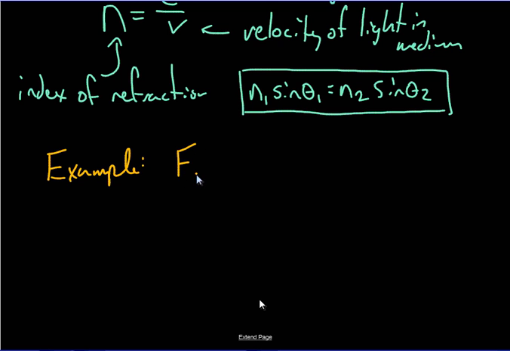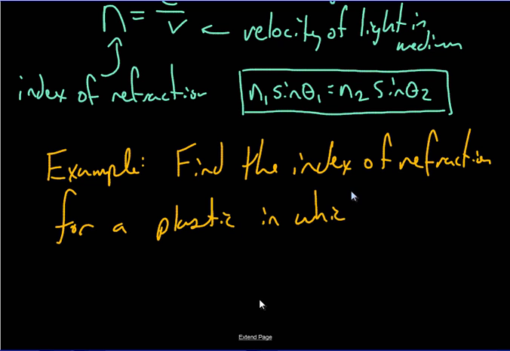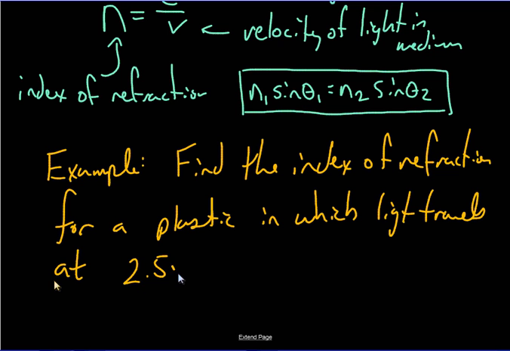So find the index of refraction for a plastic in which light travels at 2.5 times 10 to the 8 meters per second.